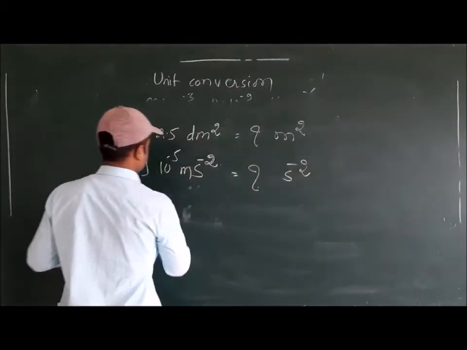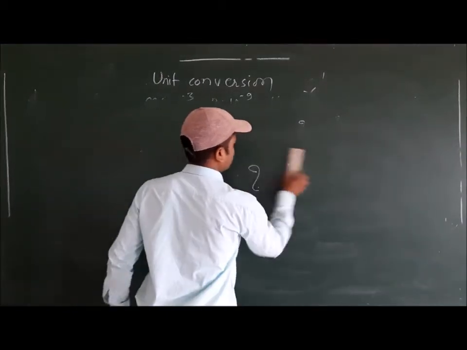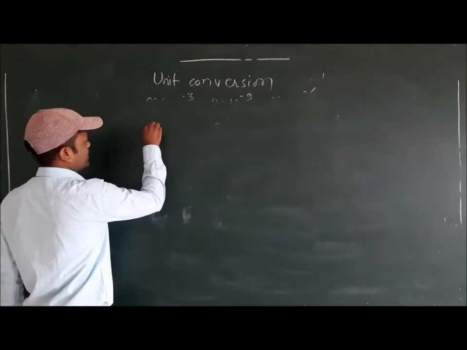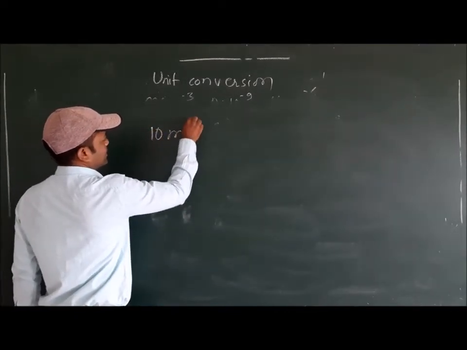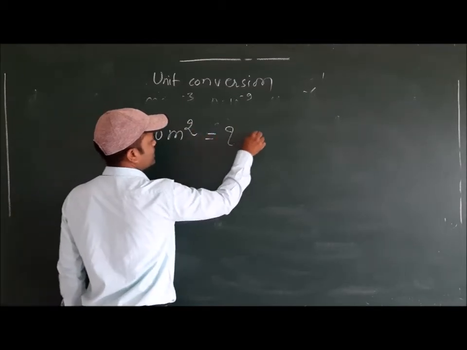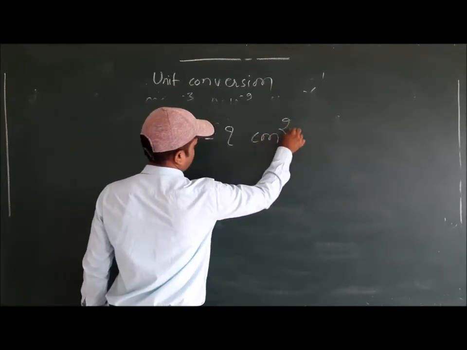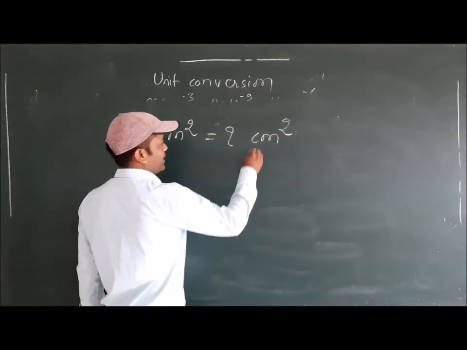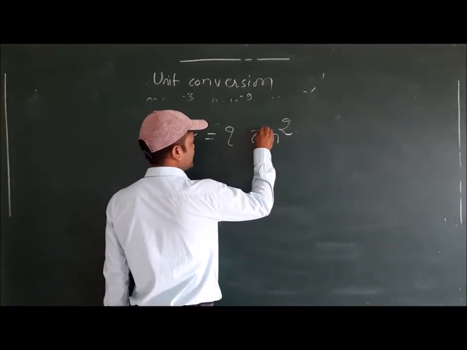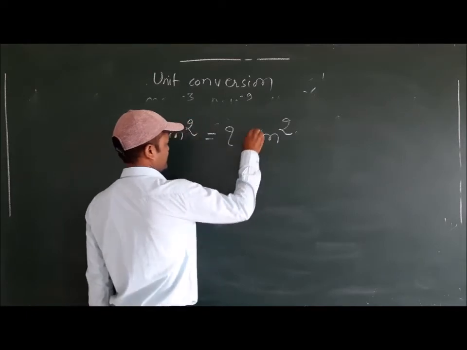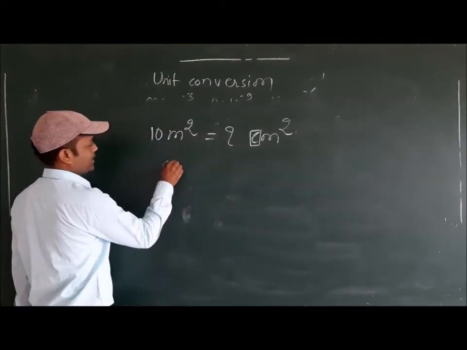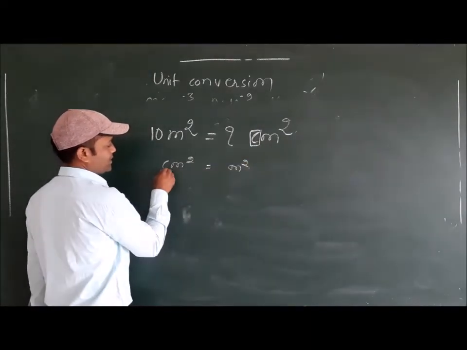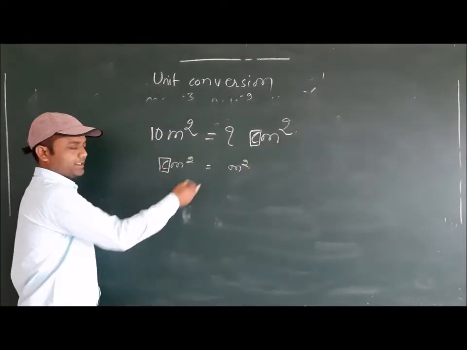Now what I have to do: just 10 meter square, and I have to convert into centimeter square. In the earlier example we removed the prefix. In this example we have to add the prefix, okay? In the earlier example we took centimeter square into meter square, so we just had to put the value of centi in there.